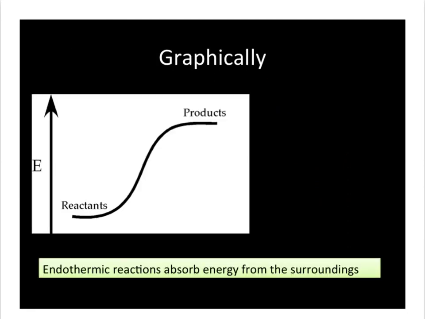Okay, so here is a diagram showing the energy level. So again, we have reactants down here, products up here. To get from the reactants up to the products, we have to add energy.